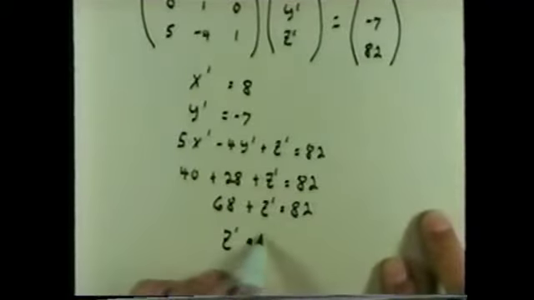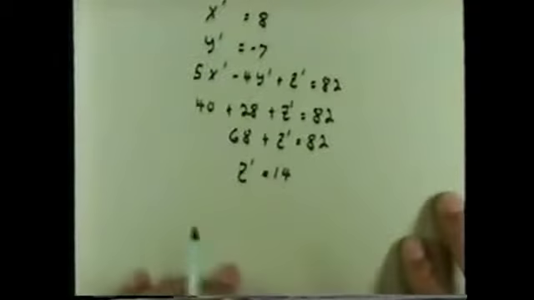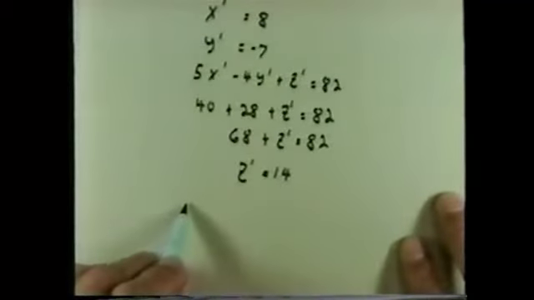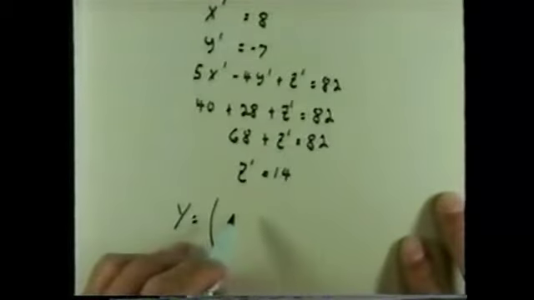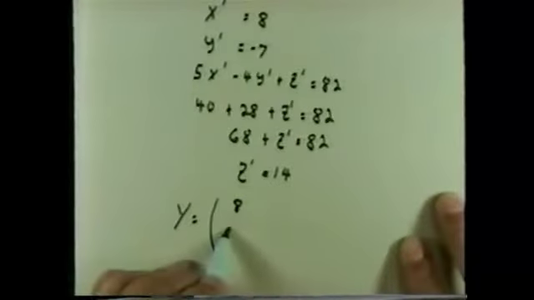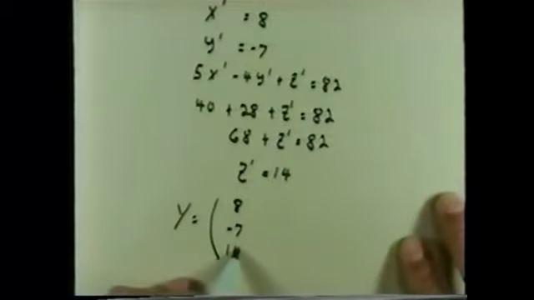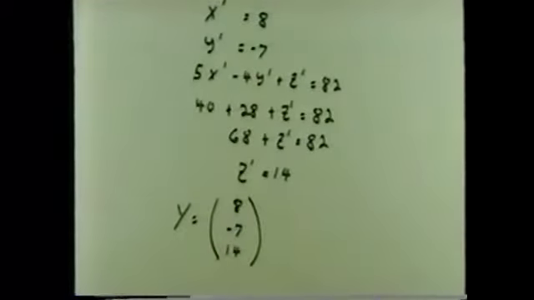Z prime is 14. So we have that Y is equal to the column matrix x prime, y prime, z prime, which is 8, negative 7, 14.